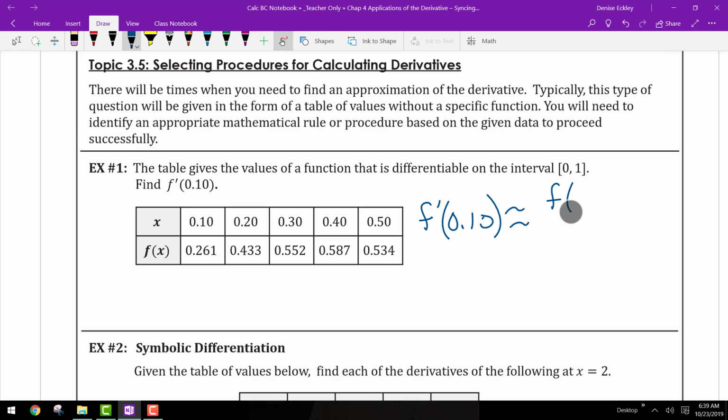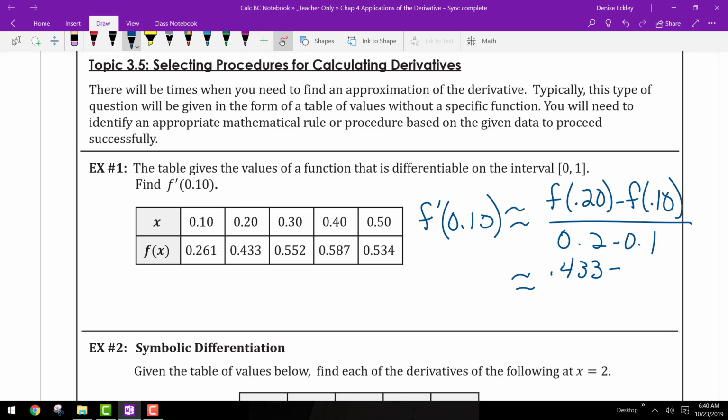So we're going to do f of 0.20 minus f of 0.10, and we're going to divide that by 0.2 minus 0.1.